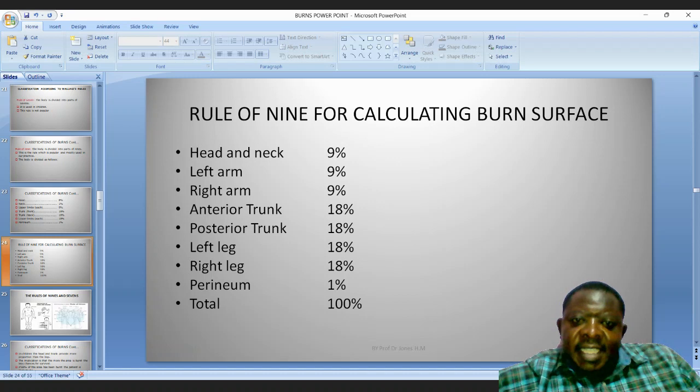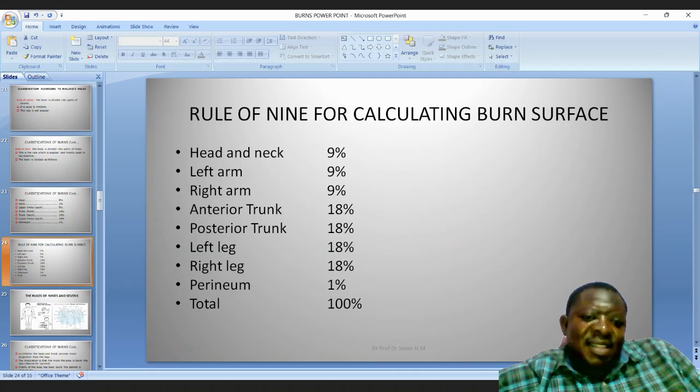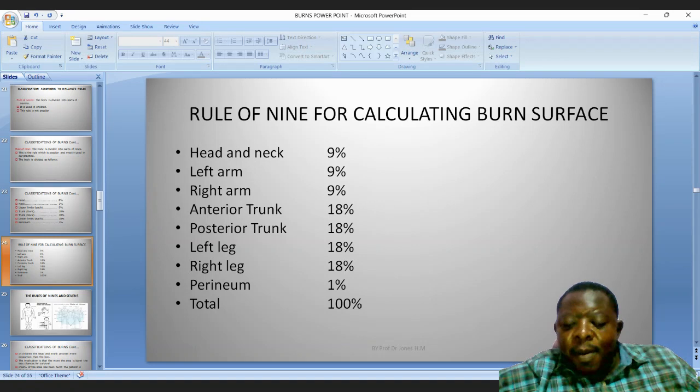So head and neck, we have 9%. Then left arm 9%, right arm 9%. Anterior trunk, you can have the upper part and the lower part, so it's 9 and 9 making 18. Posterior trunk, you can have upper part and lower part making 9 and 9.